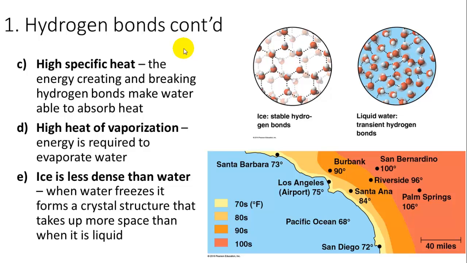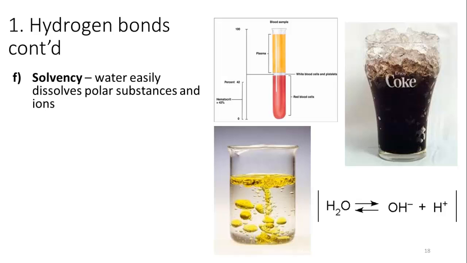But ice, on the other hand, because of the crystalline structure that it forms as it gets colder and colder, with these hydrogen bonds becoming more and more static, actually pushes them further apart. Whereas in water, they can get closer together and bump into each other. Okay, so it forms this crystalline structure, pushes them further apart, and thus ice floats on top of water because it's less dense.